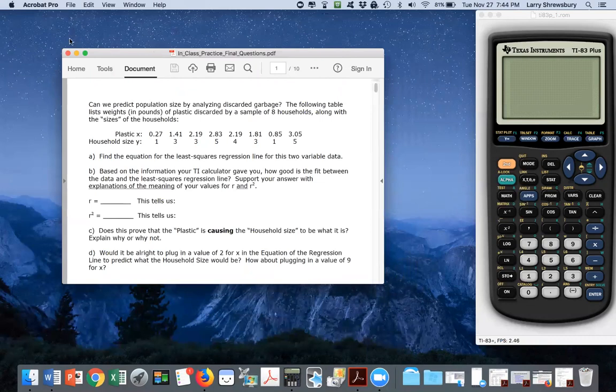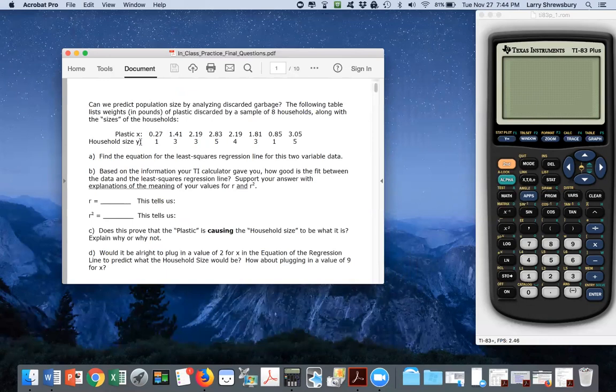One of them is, we'll go and rummage through their garbage can and weigh the plastic garbage in there. And then we'll knock on the door with our grubby, dirty hands and see how many people live in that household. So it's a measurement of the household size and a measurement of how many pounds of plastic garbage is in their garbage can.